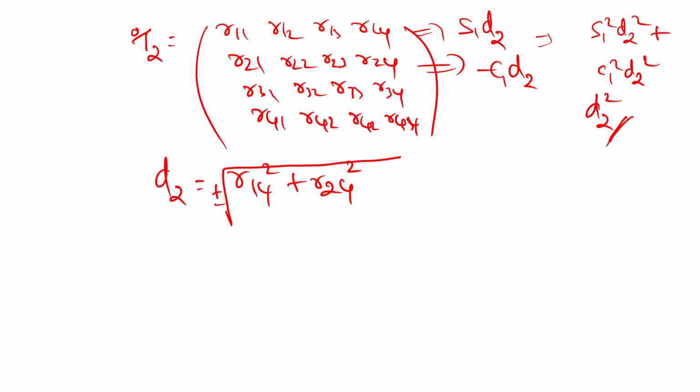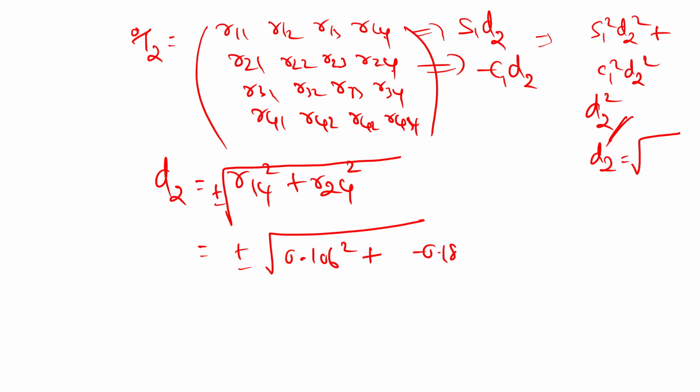That is why d2 equals plus or minus the square root of this one and this one. Let's substitute. R14 is 0.106 squared and R24 is minus 0.194 squared. Square it, add it, and take the square root. Your answer will be plus or minus 0.212. That's all.